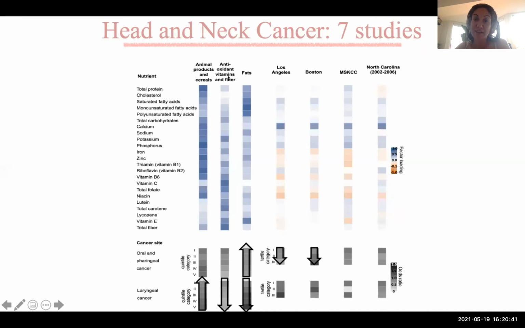Antioxidant vitamins and fiber is negatively associated with laryngeal cancer. Fats have a sort of contradictory behavior, in the sense that for oral cancer it is positively associated, but for laryngeal cancer it is negatively associated. And finally, for the study-specific factors, Los Angeles and Boston are inversely associated with the same cancer site.